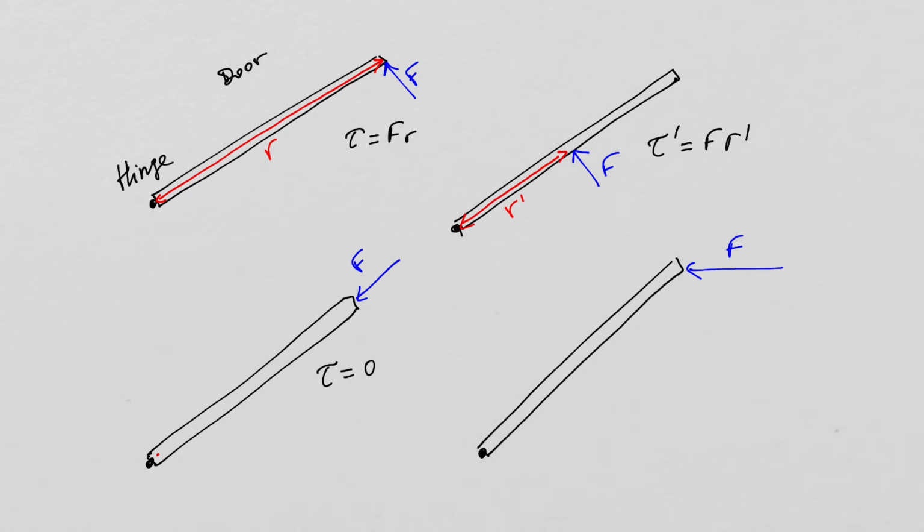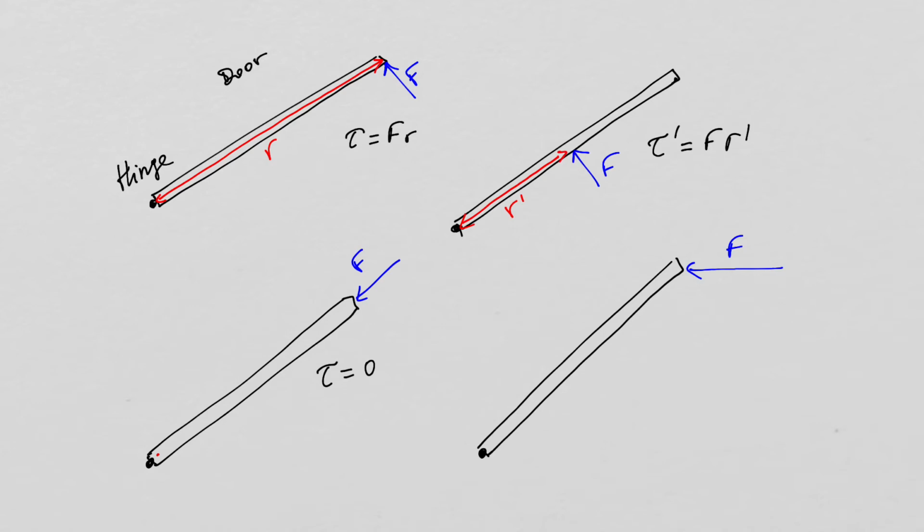However, if you compare the speed of rotation of the door when we have this configuration of the applied force versus this configuration, you would find out that here the door will rotate slower, which means that the torque generated by the force applied like so is less than the torque in the first example.